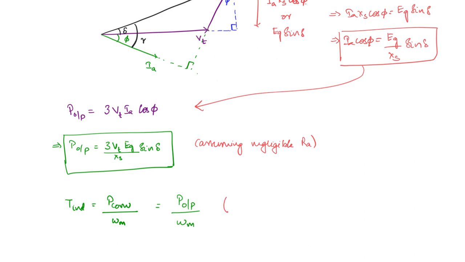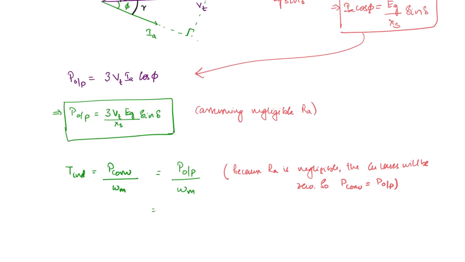You can write down the reason also, because RA is negligible, the copper losses will be 0. So the converted power is simply equal to the output power. Okay. So then you can write P output is nothing but 3 Vt Eg by Xs sine delta. So you can add one more term here, omega m.